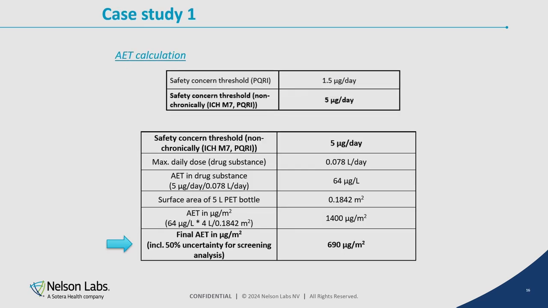So for the AET calculation in this case, we relied on the safety concern threshold, not on the 1.5 micrograms per day, but on 5 micrograms per day, because this is a non-chronic application, and then you can rely on a higher threshold. We used a small-scale bottle, so we needed to do some normalization for the surface area, and we expressed the AET here in micrograms per square meter.